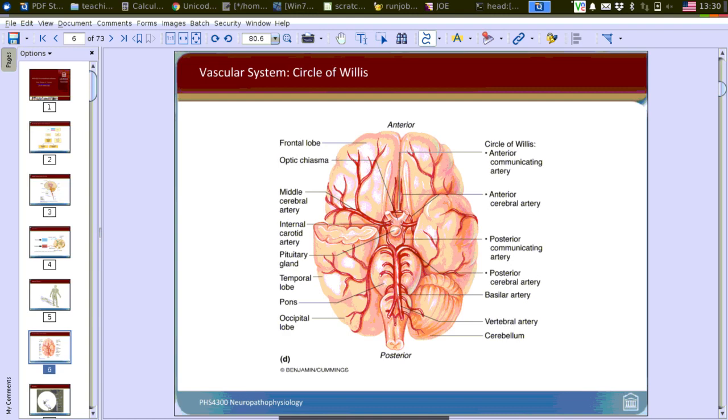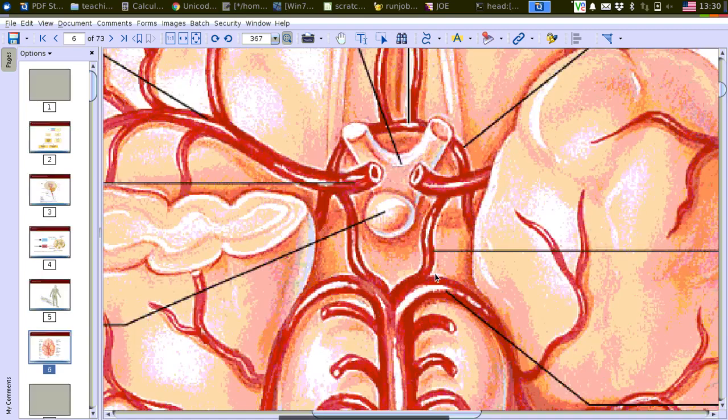Now, I'm not going to describe to you all of the blood vessels. I'm just going to describe the circle of Willis. So these are the arteries that provide blood supply to the brain. And there's a very nice feature produced by the circle of Willis, which is in the center. And I'll make a blow-up of that area.